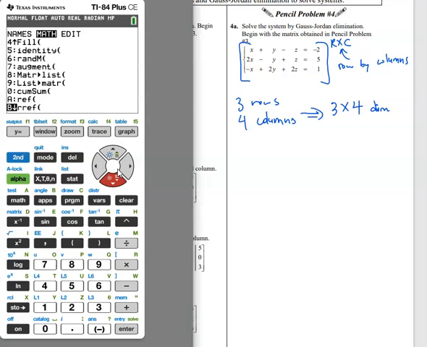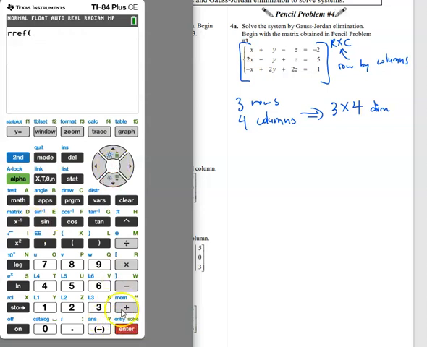So I want to pick it. I'm going to select, or in this case, enter. And then I want to plug matrix A into this function. This is a function that takes matrices instead of numbers. And so the way I plug in matrix A is I go back to matrices, and there's matrix A, and I just go enter that matrix.